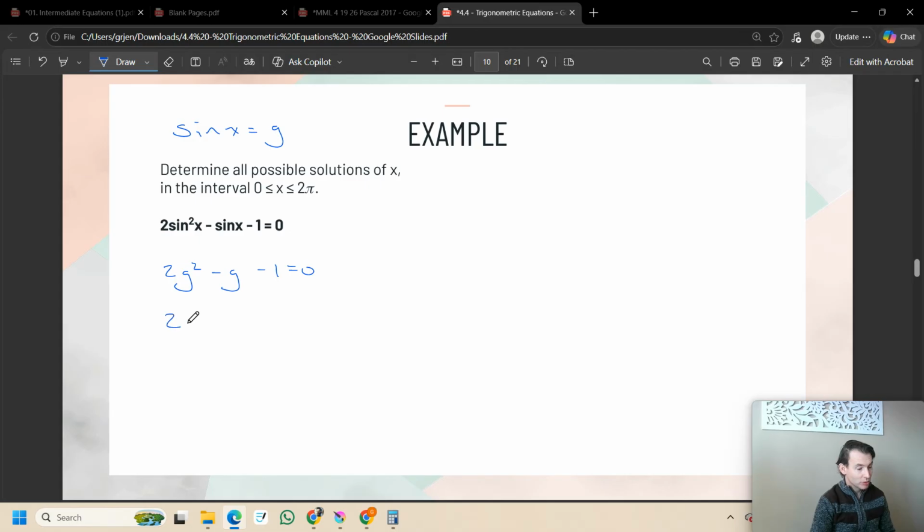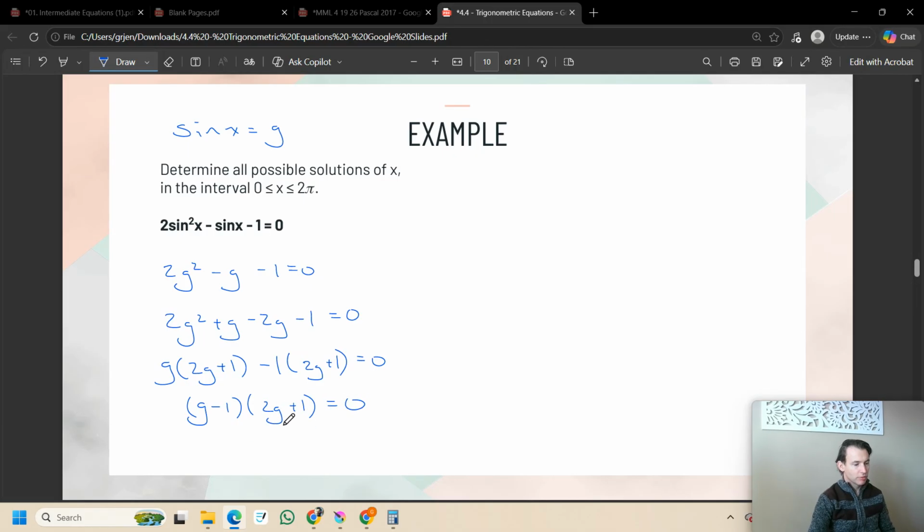So that's 2g squared plus g minus 2g minus 1 equals 0. Okay, this first one factors into g times 2g plus 1, and this one factors into minus 1 times 2g plus 1 equals 0. Okay, and this factors into g minus 1 multiplied by 2g plus 1 equals 0.